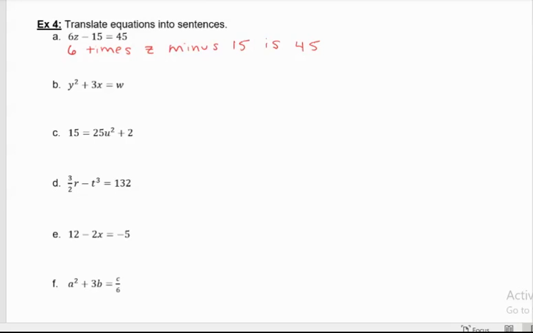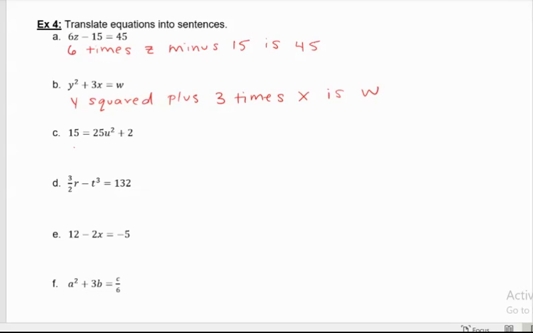For b, I'm going to do the same thing. Here I have y squared plus 3x equals w. So I'm just going to write that out. y squared plus 3 times x is w.